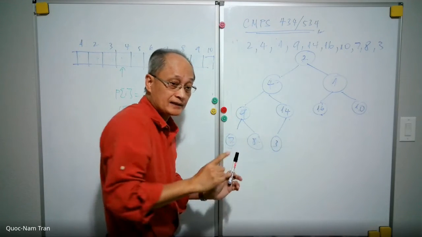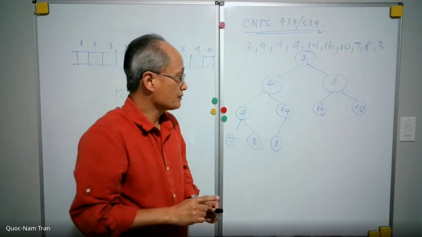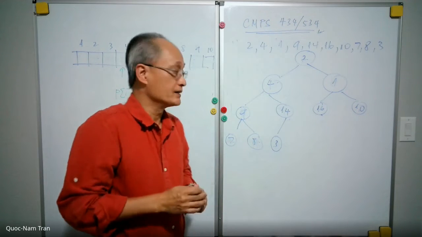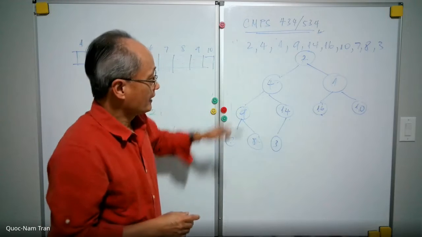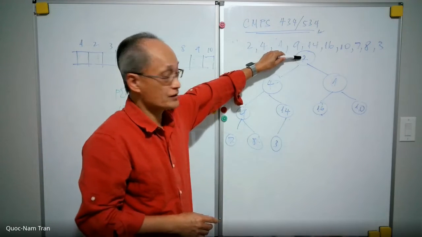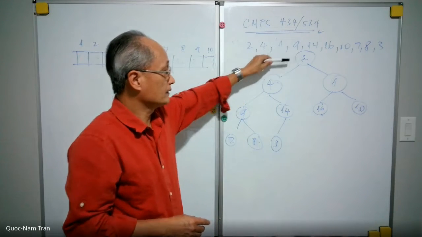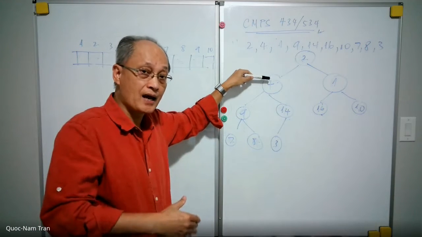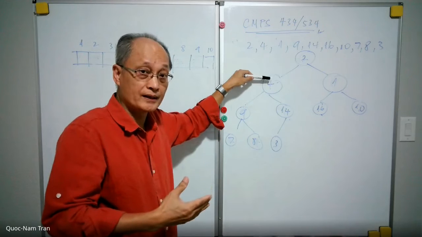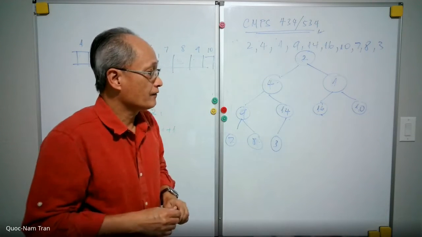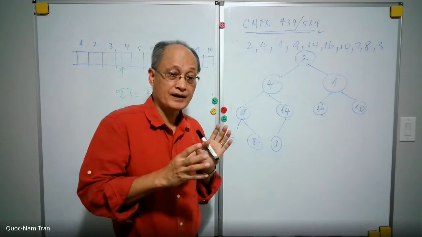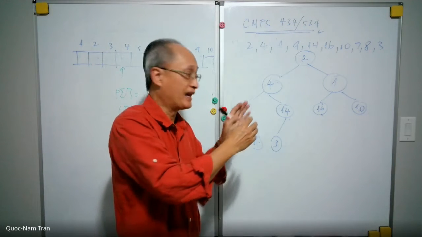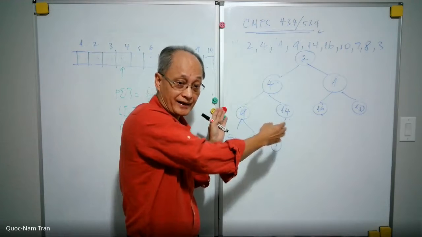Okay, so it satisfies the shape condition, but it does not satisfy the order condition, meaning the value at this node is smaller than the value of the left child, and so it violates the order condition. Remember that for being a heap, the value at any node will have to be bigger than the value of the left child and the right child, right?